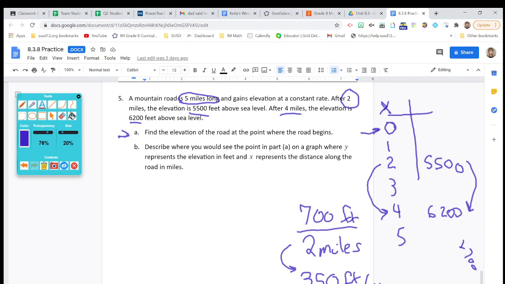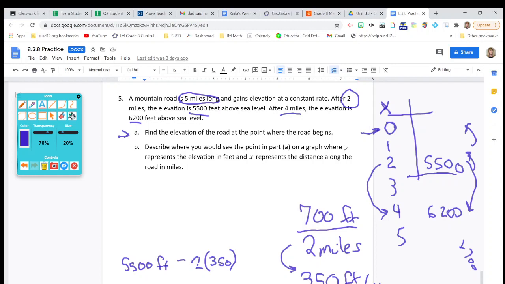So now, what was the elevation at the beginning of the road where X equals 0? We need to subtract 350 feet twice. So our answer is going to be, at mile 2, it's 5,500 feet in elevation minus 2 miles ago times 350 feet of elevation change per mile.